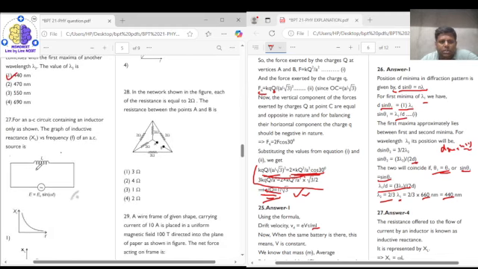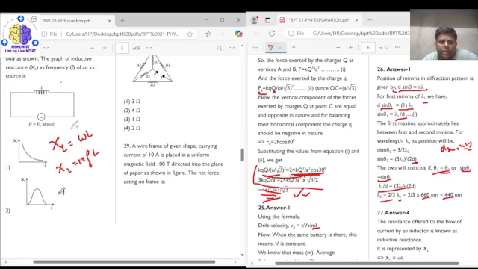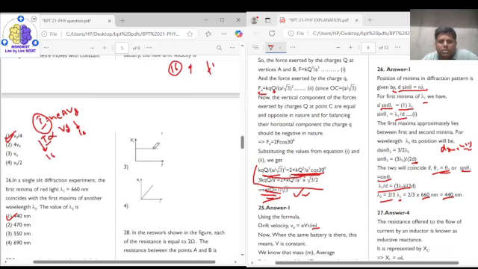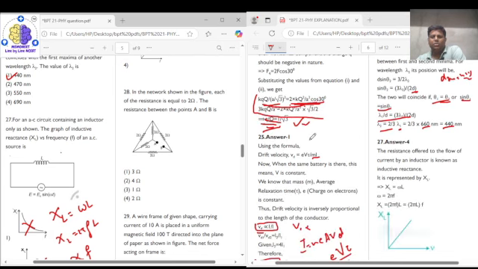Now see, XL = omega L, so XL = 2 pi f L. For a given inductor, we find that XL is directly proportional to f. So this graph is not of direct proportion. This is also not of direct proportion. This is a constant graph, and this is of direct proportion. So the correct answer for question number 27 is the graph number 4, that is option 4.